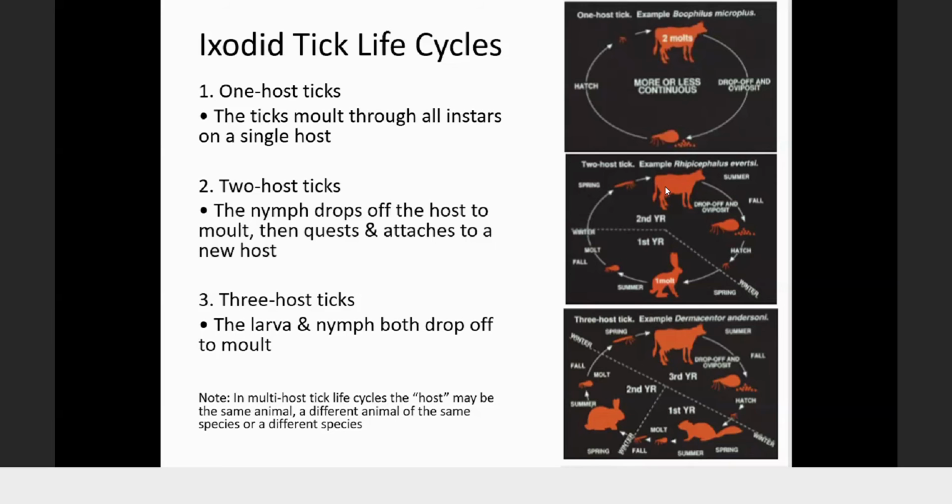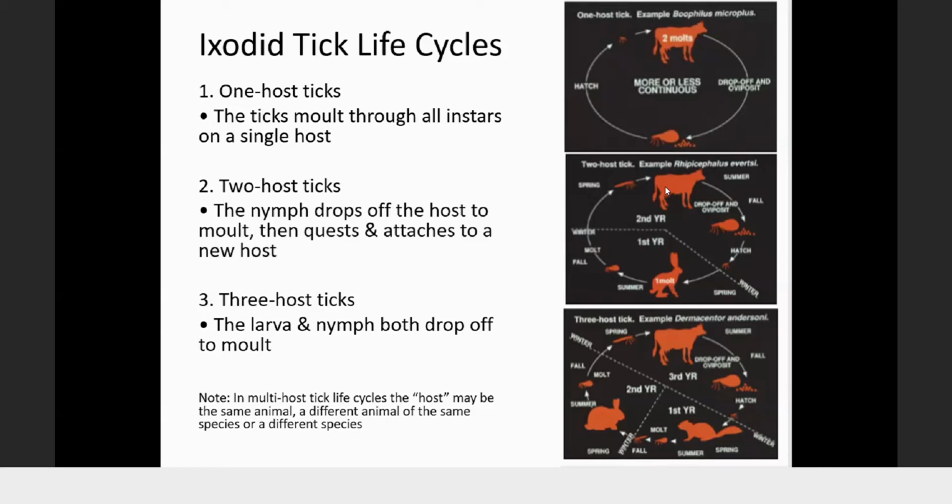Okay, for the life cycle of Ixodidae, we have 3 types, which is 1 host tick, 2 host tick, and also 3 host tick. Can you give me an example of the 1 host tick? So what genus can have the 1 host tick life cycle?